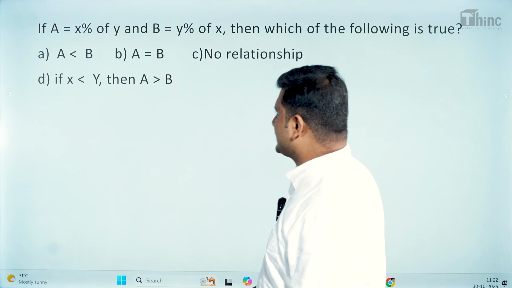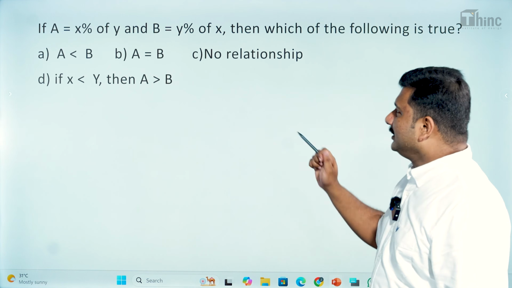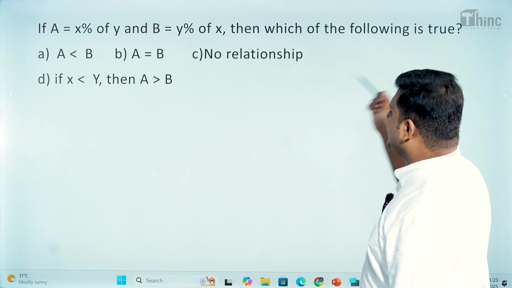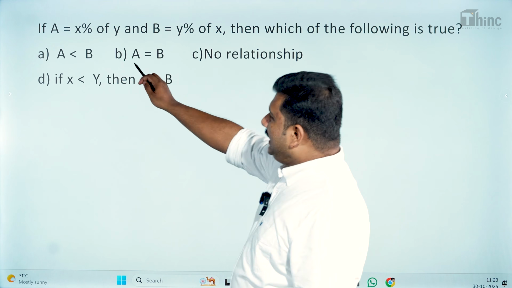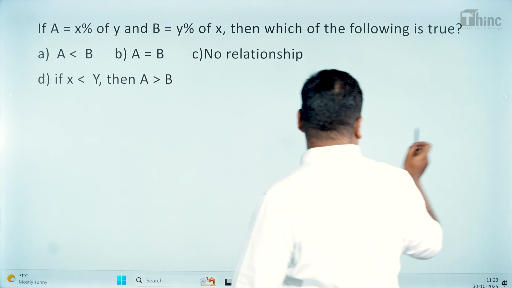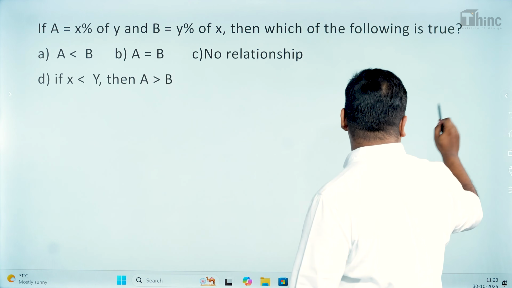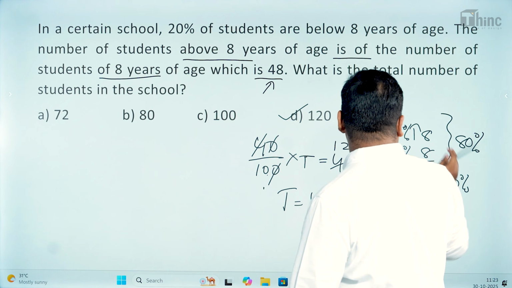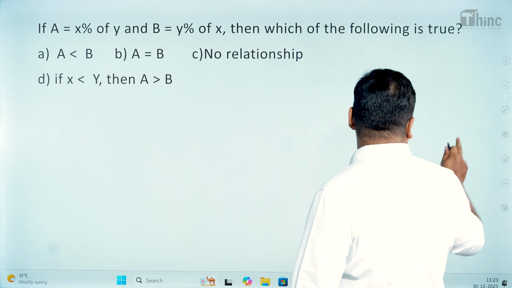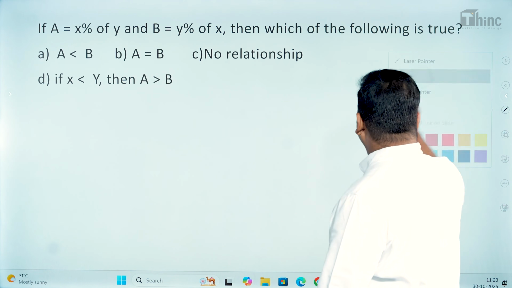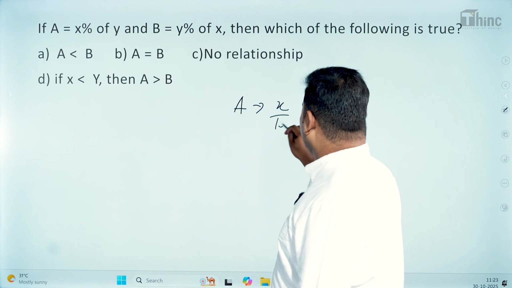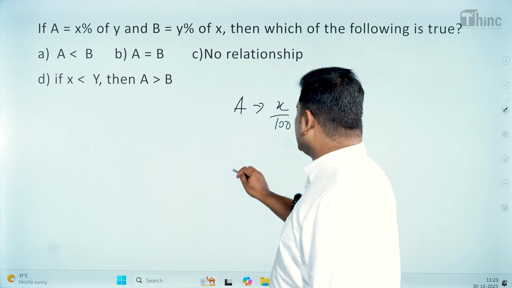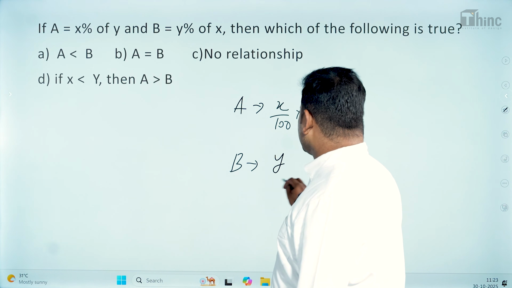Y percentage of x. Okay, let me just write it down. A is nothing but x percentage of y and B is nothing but y percentage of x.